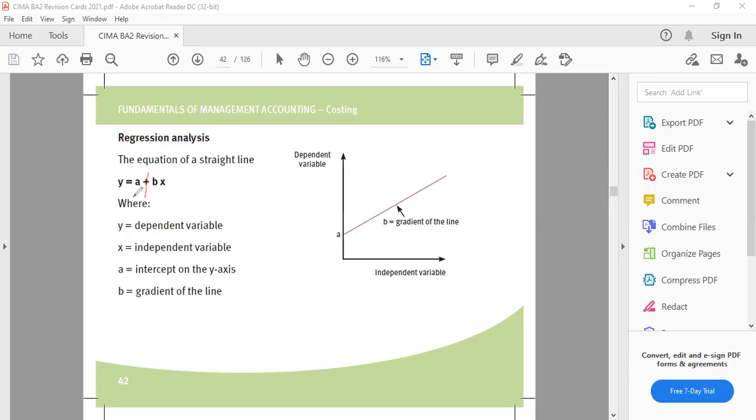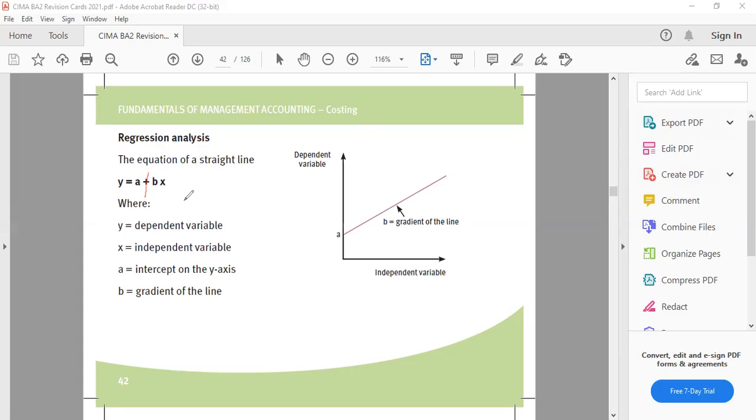The first part of it, a, is fixed cost. The second part, bx, is variable cost, because variable cost varies proportionately with the output. x can be taken as output or number of units, and bx is the variable cost per unit multiplied by the number of units.